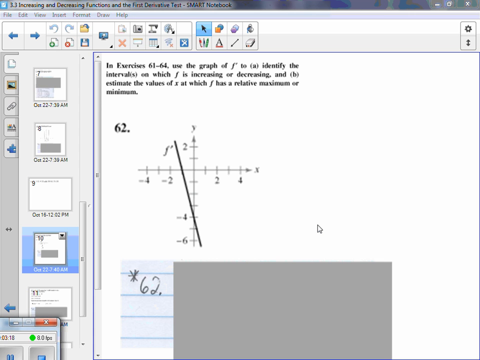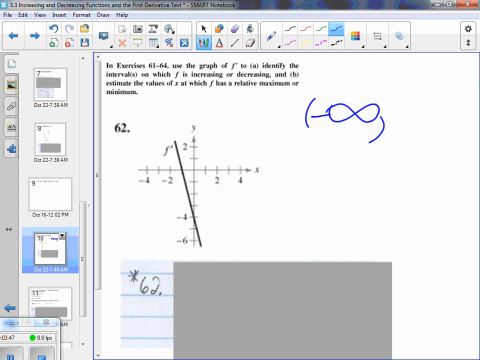It says, use the graph of f prime to identify the intervals on which f is increasing or decreasing and estimate the values of x at which f has a relative maximum or minimum. So if you look at the graph of f prime, this is not the graph of f, this is the graph of the derivative of f. Notice that at first, from negative infinity to somewhere, what's the sign of the derivative?